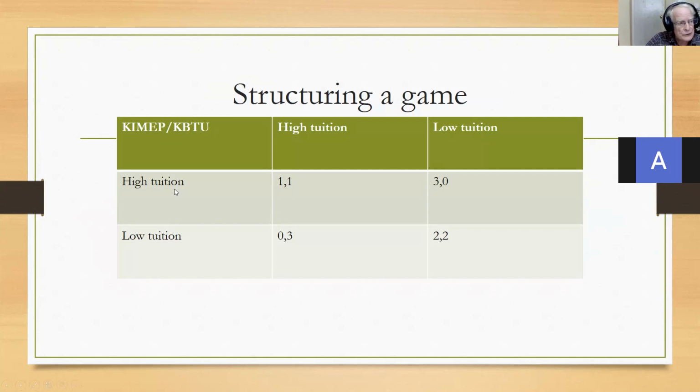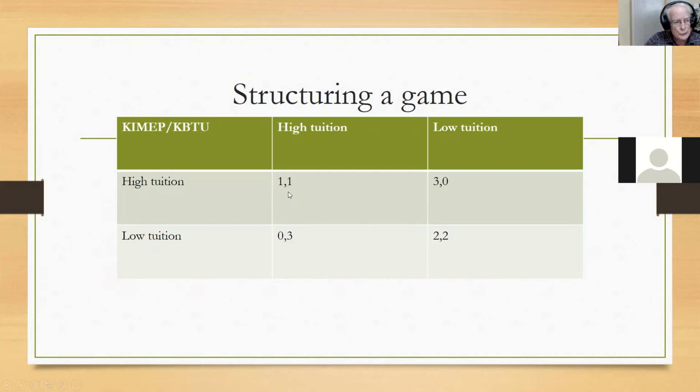For player 1, the strategies are always listed in rows. In this case, CNET can either pursue high tuition or low tuition. And then for player 2, the strategies are listed in columns, not in rows: high tuition and low tuition.